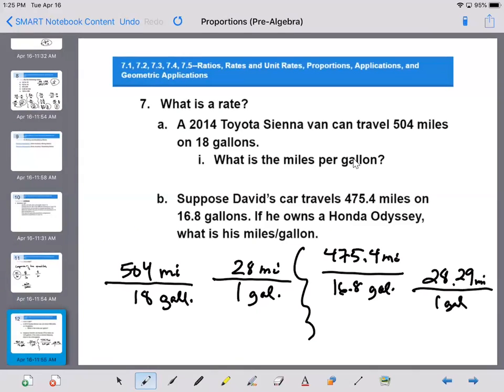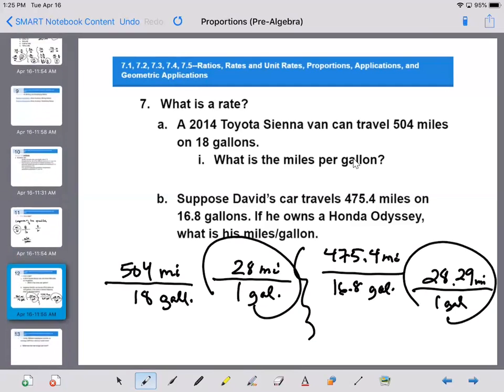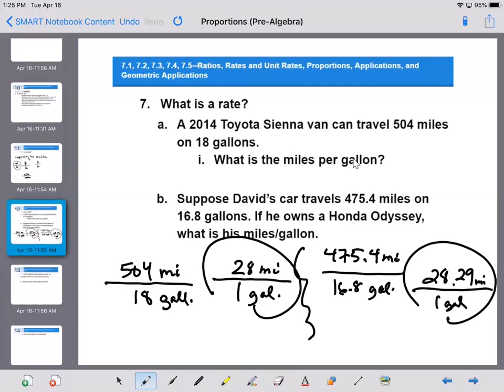So it's not much difference at all. The numbers do come out different, but not much difference between the Toyota Sienna and the Honda Odyssey.